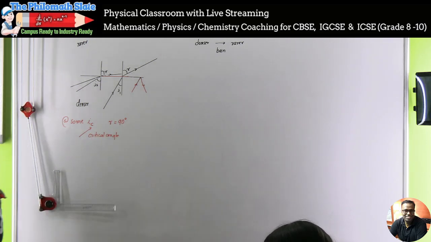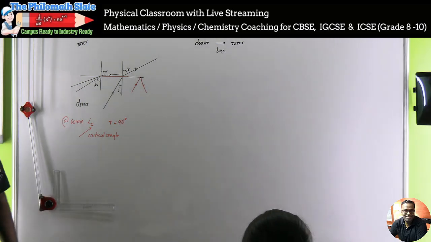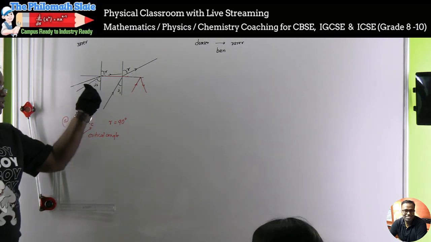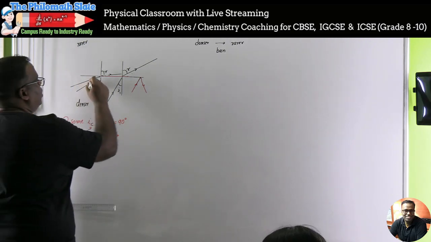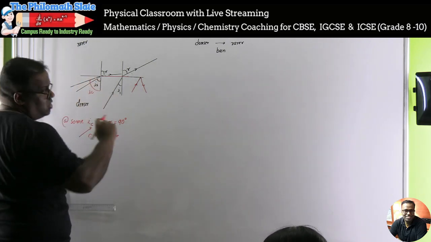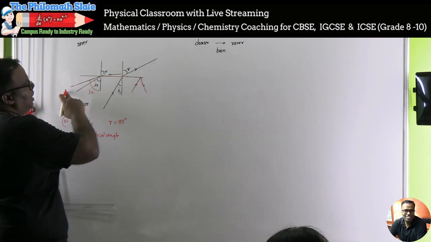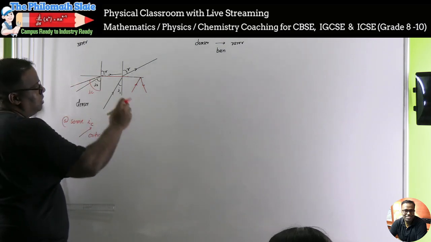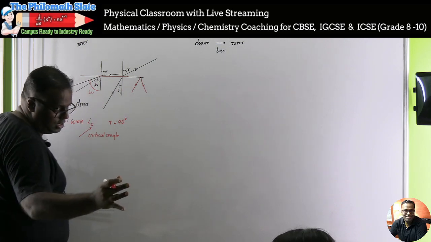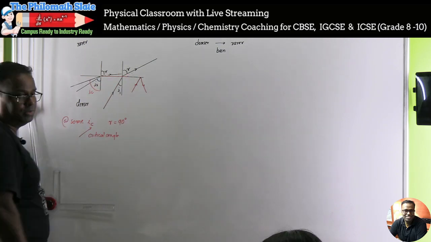Critical angle. Why critical angle? Now the story is after this. So I call this angle my critical angle. This is not there in CBSE, yeah? But you should know. Any competitive exam you take will ask you. At critical angle, the refracted ray is lost because the angle of refraction has become 90 degree.